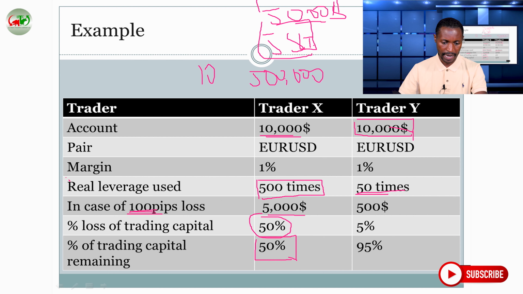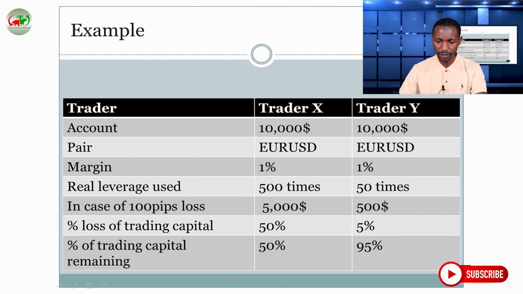For this one, if he also loses 100 pips, $50,000 will not even be a standard lot size. This will be only 5 mini lots.